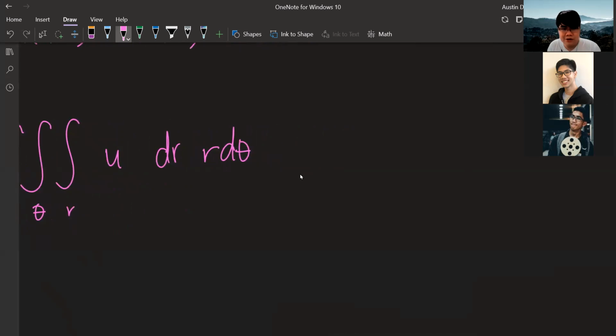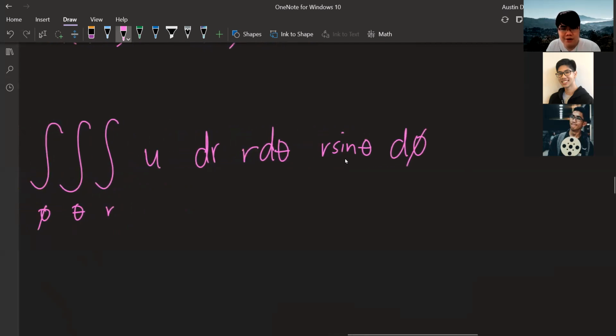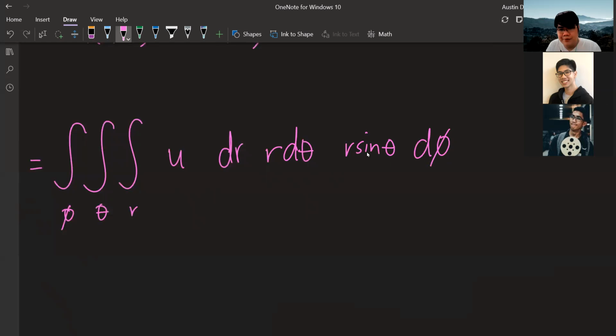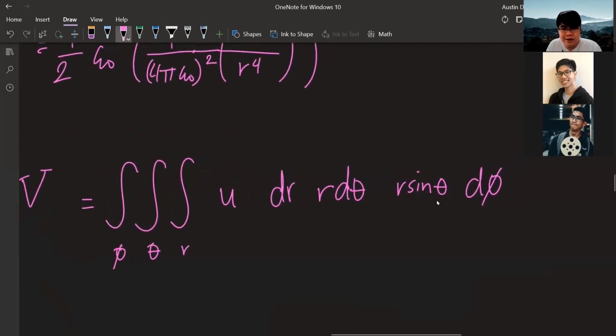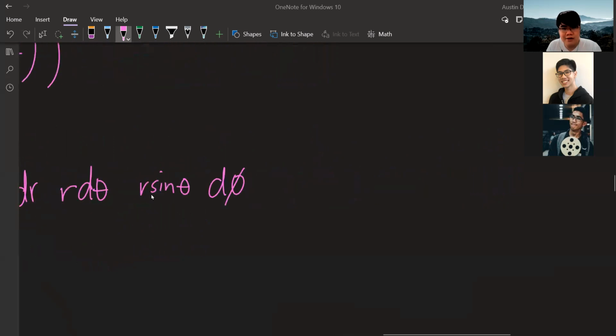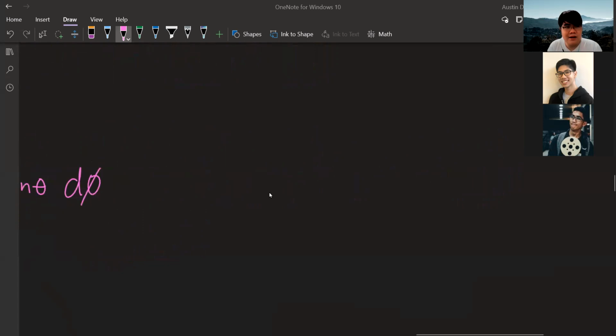And by convention, ang minumultiply dyan is r sine theta. Okay, so sila yung minumultiply. Okay? So gamit natin yung sinabi kong convention doon sa parang last 2 meetings ago about spherical polar coordinates. Okay? Ay, r sine theta ito. Okay? Theta ito.